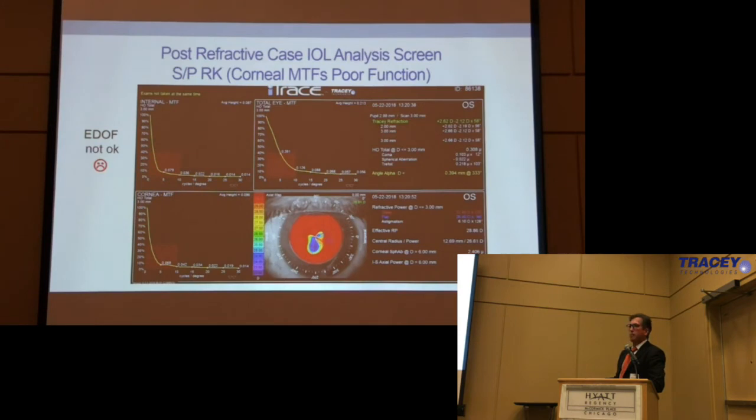So if you put in a lens that's going to affect contrast sensitivity, you're going to worsen their vision. You really, really need to steer clear. So in post-RK patients, I really don't want to ever put any type of multifocal lens. If somebody wants something, I'm usually going to use a toric lens or an accommodating lens, or just a traditional monofocal, depending on what their symptoms are.